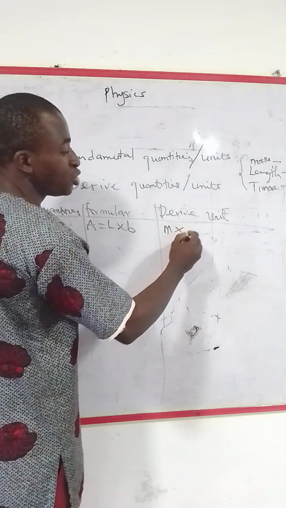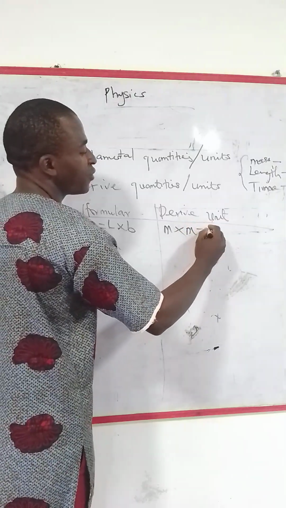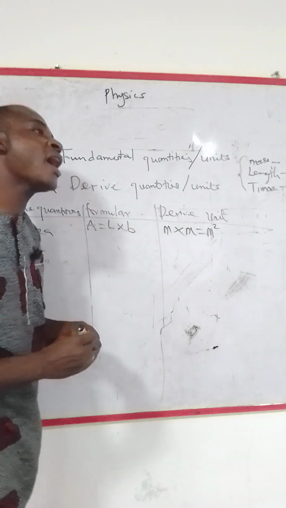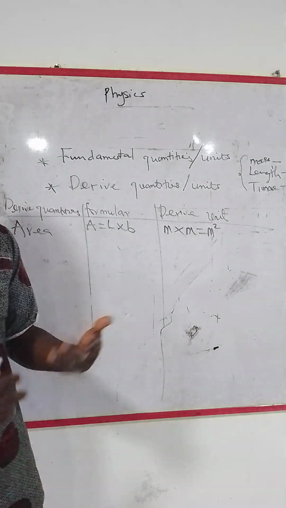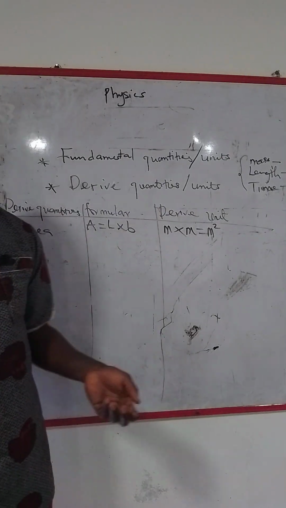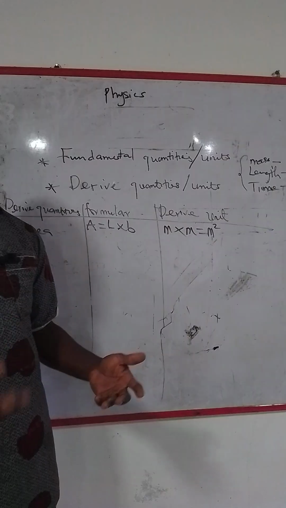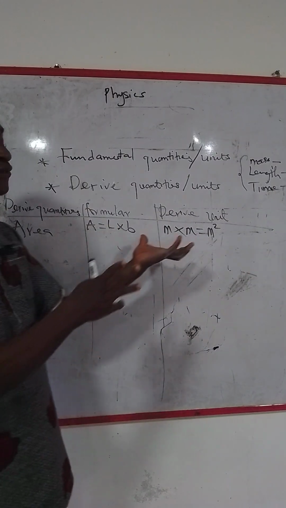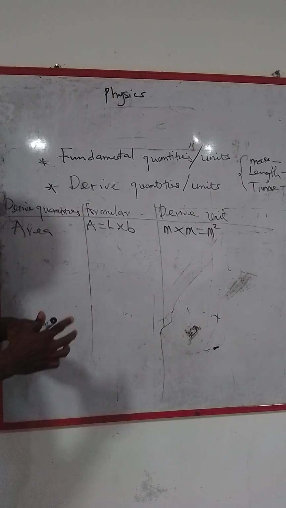So it's still going to be the unit of length, which will now give us meter squared. It's always in a square form. It's courtesy of the formula that helps us to derive the unit of area. That is why it is like that.